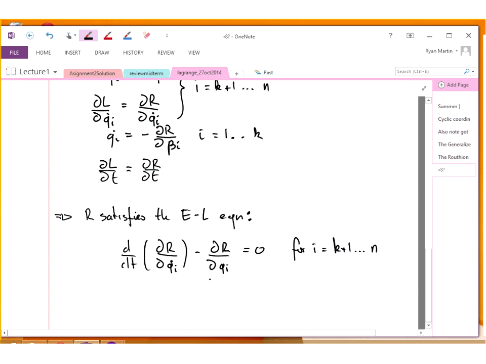Those are just that q_i dot equals minus ∂R/∂β_i, for i equals 1 to k. So we've separated out the problem formally into a simple set of k differential equations for the cyclic coordinates and the traditional Euler-Lagrange equations, which would typically be second order, for the non-cyclic coordinates.